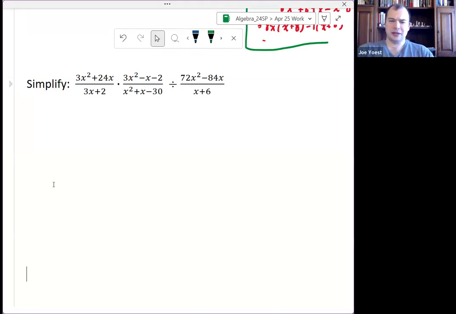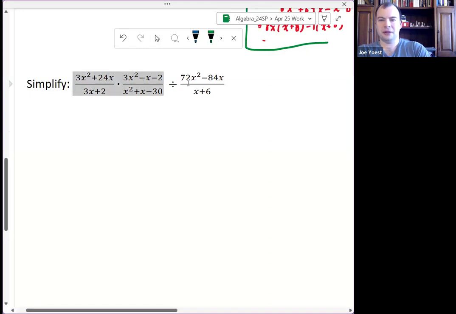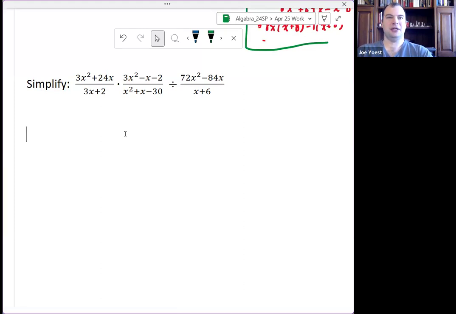So take a look at this problem. We'll take again about 5 minutes or so to work through it. Just as a hint, if you want to approach the problem as one whole problem, you can do that.